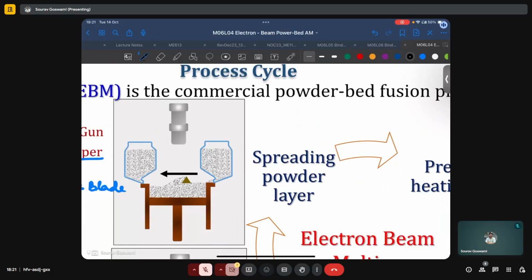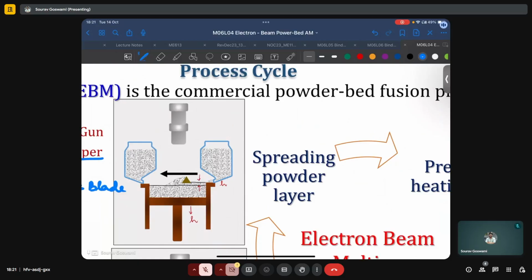So say in the previous layer, this was the height till which printing had occurred, and the difference between the current layer height and the previous layer height denotes the desirable layer thickness H. Then after the previous layer got printed, the build platform moved down by the same distance H. A suitable quantity of powder was dispensed by this powder hopper on the right, and then the rake or the doctor's blade is now spreading this powder out evenly across the region to be printed.